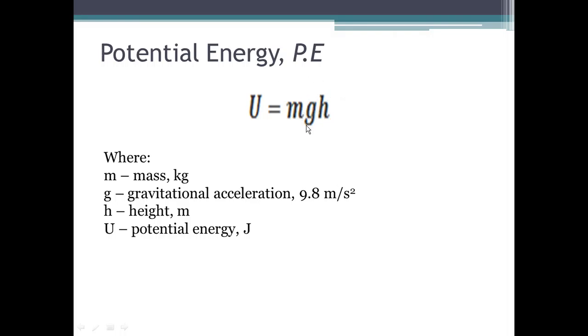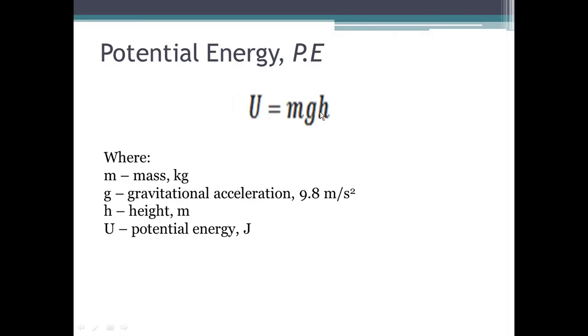So force times distance gives you work, and as we have illustrated earlier, work and energy are equivalent to each other. So therefore, if this is work, that is equivalent to an equivalent amount of energy in the form of gravitational potential energy, simply because the force illustrated here is the weight of the object.